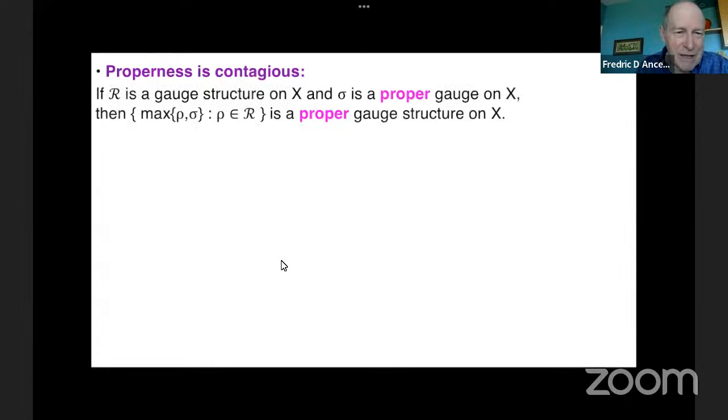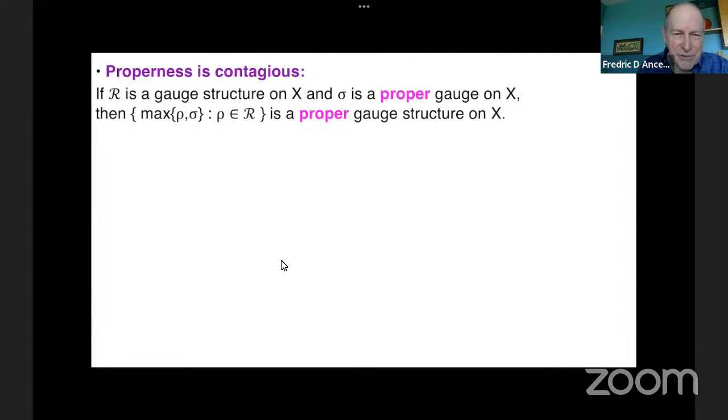Now, here's a virtue of properness, which makes it easy to propagate. So in other words, if I start out with one proper 3 development, and I use the technique just described to come up with a proper gauge, but suppose that development alone does not determine the topology on the space. I need to consider other developments. Well, that's not a problem, as it turns out, and this explains why.